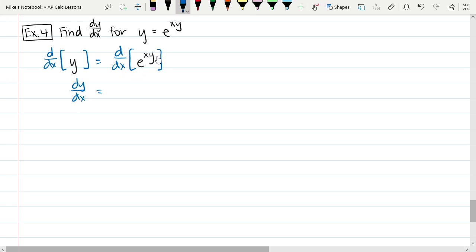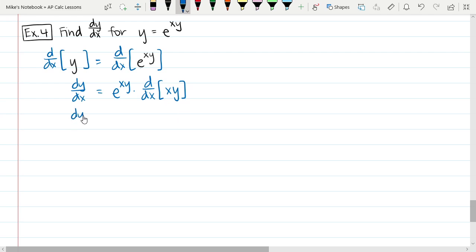Now here, so this is, again, another chain rule with implicit differentiation. So the derivative of e to the u is e to the u times the derivative with respect to x of u. But that's now a product rule.